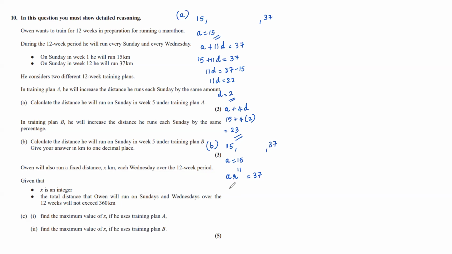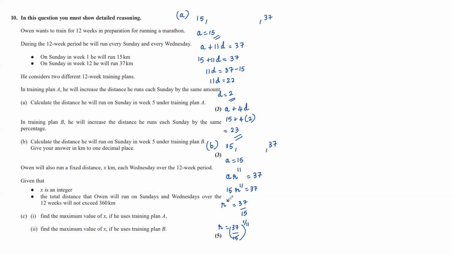A is 15. So 15 into R to the power of 11 is equal to 37. Therefore, R to the power of 11 is equal to 37 over 15. And to get R, it will be 37 over 15 to the power of 1 by 11.